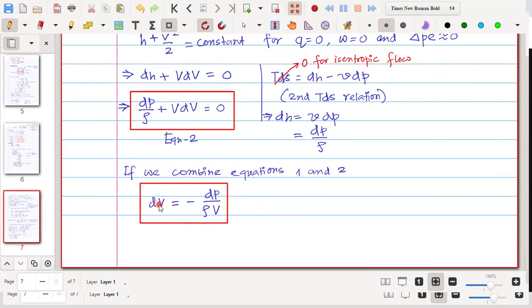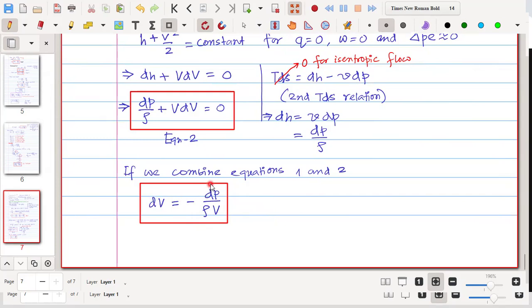That is, if the velocity decreases, then pressure will increase. Or if the pressure decreases, velocity will increase, or if the pressure increases, the velocity will decrease. That is always going to happen.